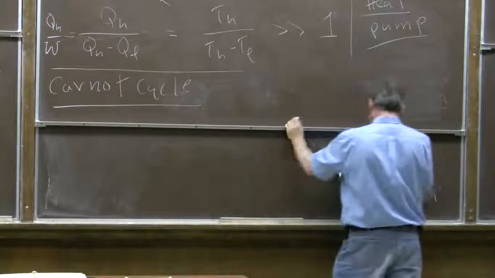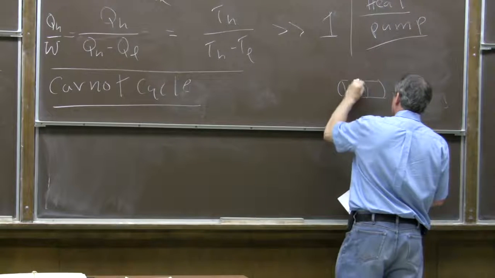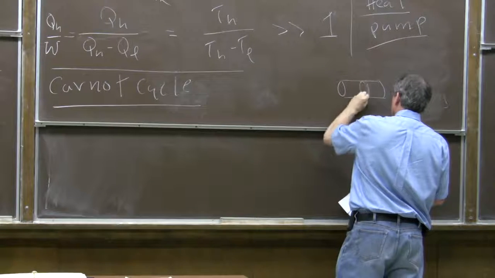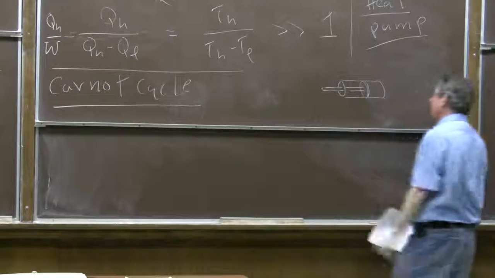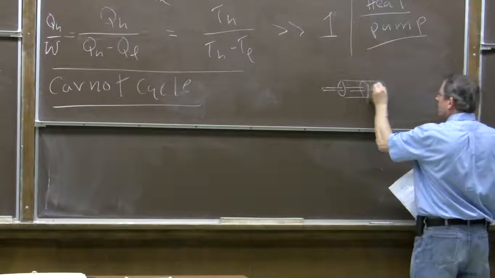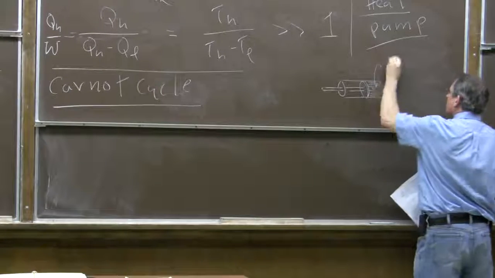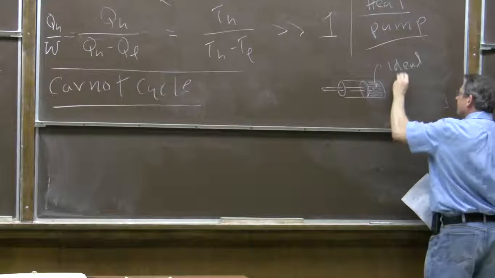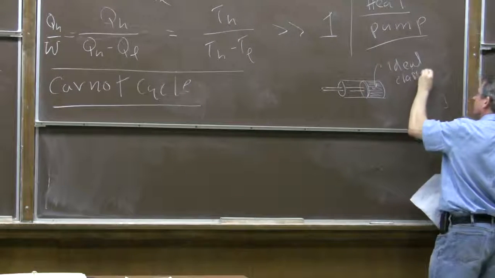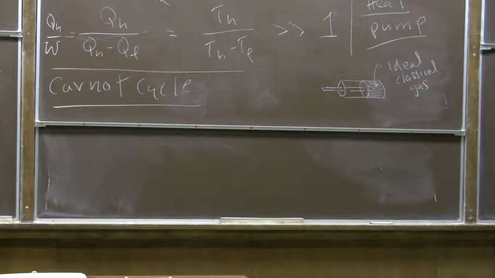So I have a piston. And there's some gas inside. It's an ideal classical gas. The piston can move in and out.